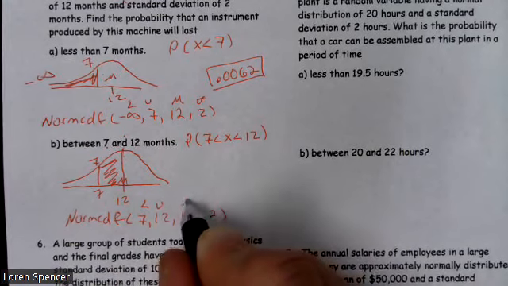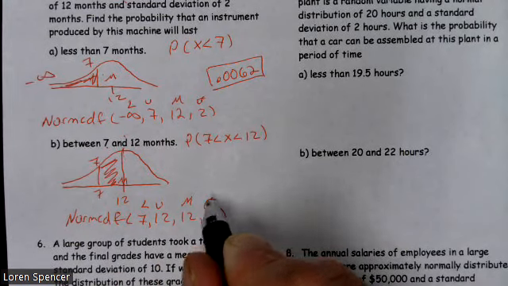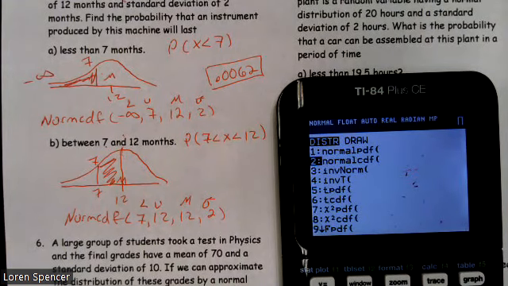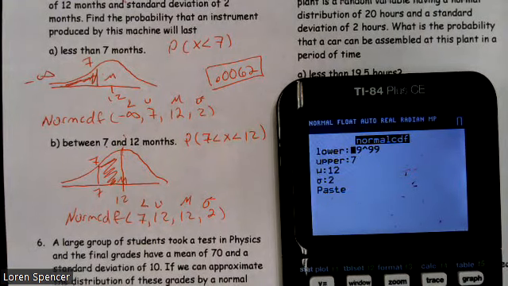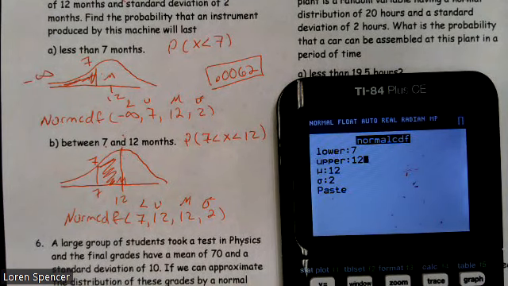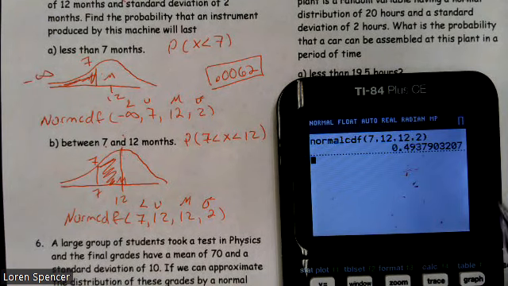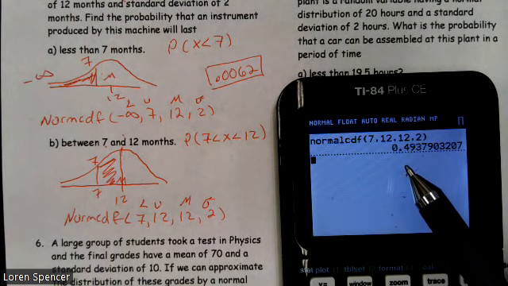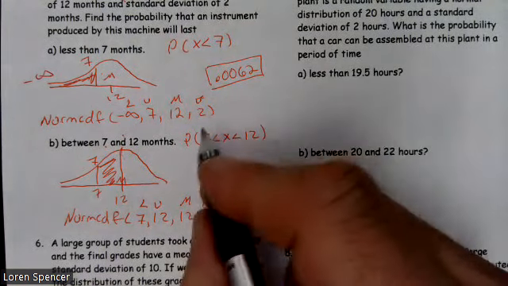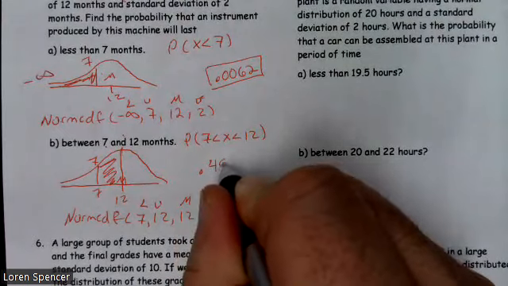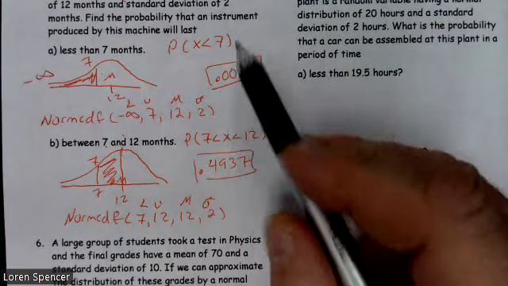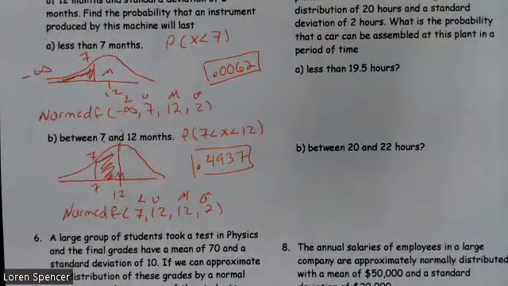Lower, upper, mean, standard deviation. Second VARS, normal CDF. 7, 12. And we get almost 50%, 0.4937. And if I added those two together, I'd be really at 50% for all intents and purposes.